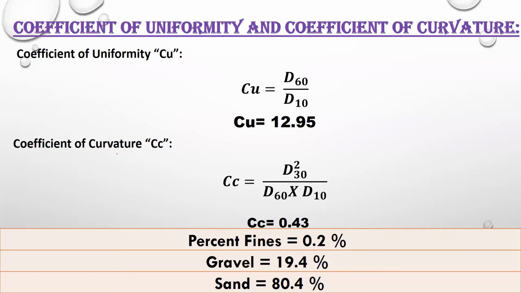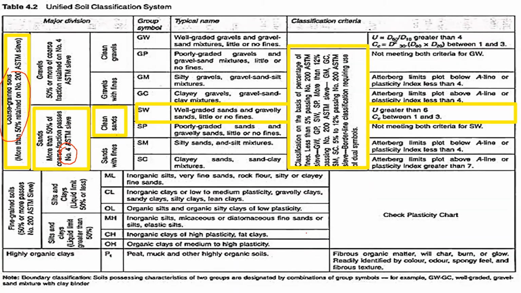You can see percent fines over here. So on this, we selected SW. But SP is poorly graded sand and gravelly sand, little or no fines. It was not poorly graded sand, so I have to select SW, well graded.